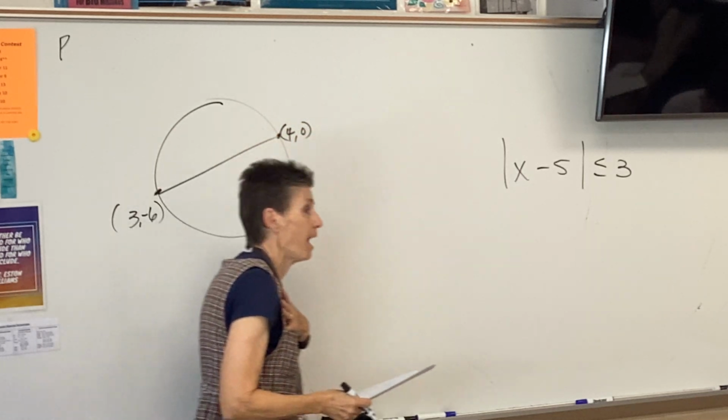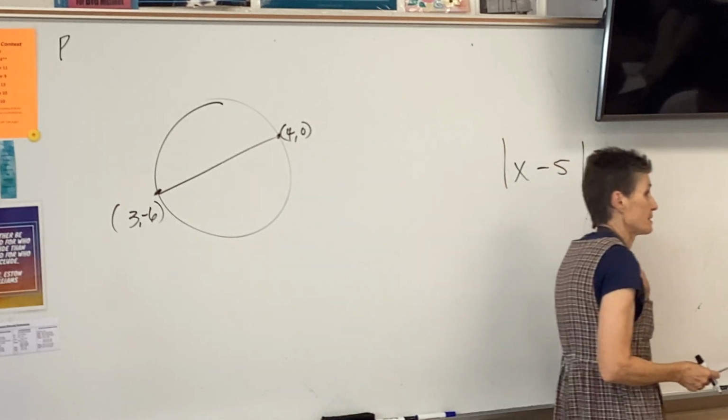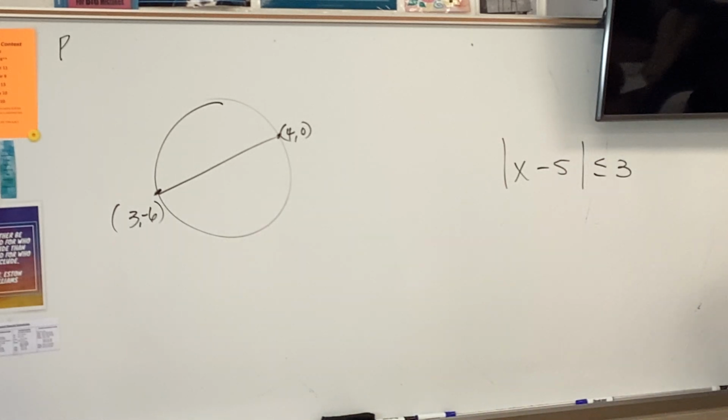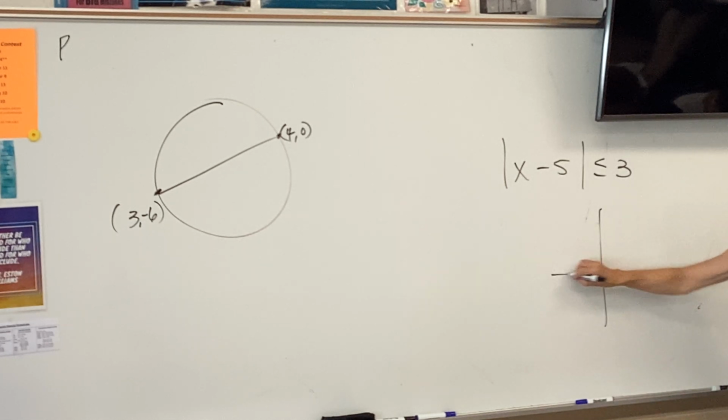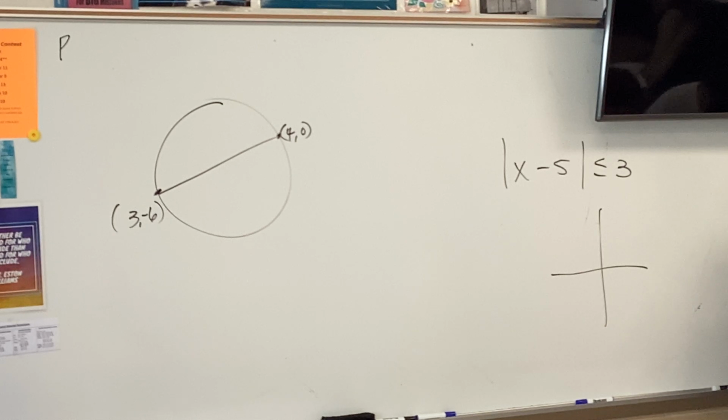Now, I did not plot these 2 points because their relationship to each other isn't important. But if that bothers you, go ahead, set up a grid and plot those 2 points. You don't have to plot that this time, but you certainly can if you want to.